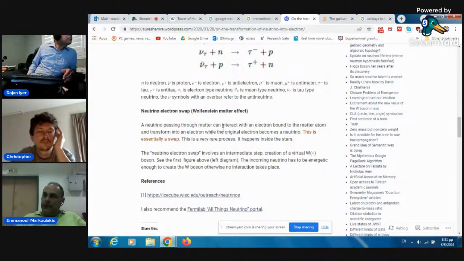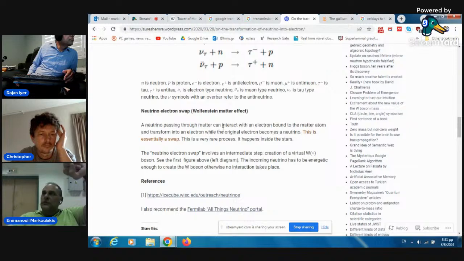And when this happens, the electron which was bound in the atom becomes a neutrino. So you have an electron that flies by. Let me stop sharing. So you have the atom here, and then you have the neutrino that is flying by very close to the gallium atom.